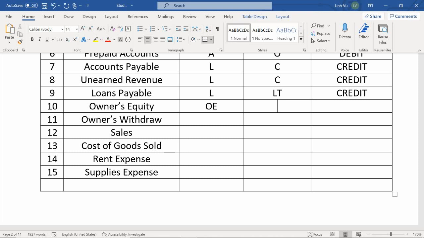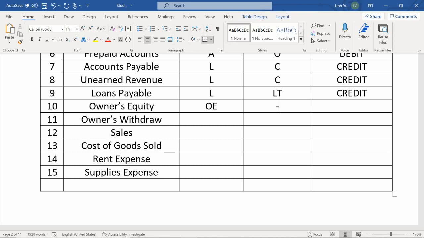What categories do owner's equity have? None.